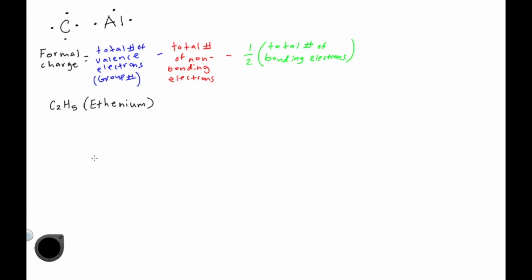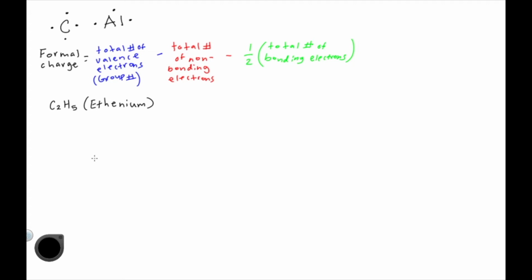Let's try and find the formal charge on each atom in ethenium. The first thing we want to do is draw the Lewis structure of the molecule. So for step one, we count the number of valence electrons. Ethenium has 2 carbons and 5 hydrogens.